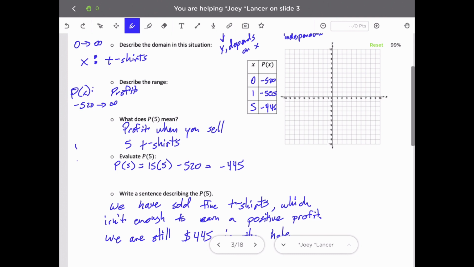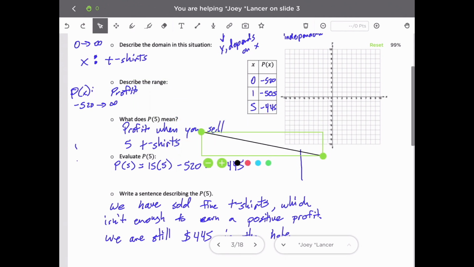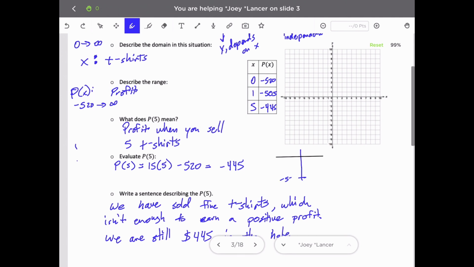And so I would make maybe my own graph to help illustrate to somebody what's going on with our company. And I would say, okay, if we sell 0, we start at negative 520 in the hole. Got 0 here.